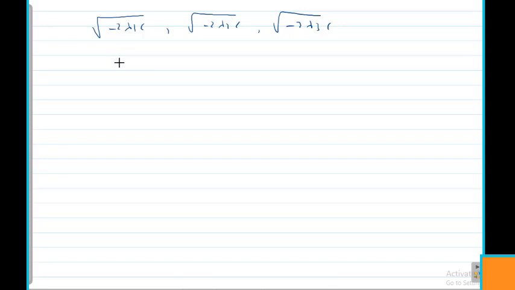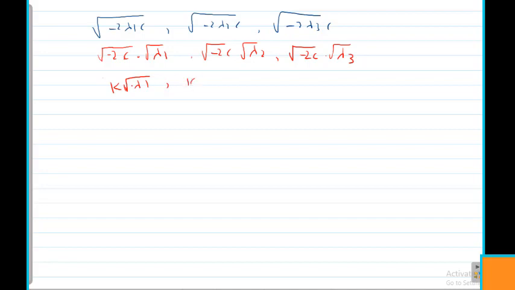The point is taken as (c, 0). These are root over minus 2c into root over lambda 1, root over minus 2c into root over lambda 2, root over minus 2c into root over lambda 3. Assume that this is just like k into root over lambda 1, k into root over lambda 2, k into root over lambda 3. These are the lengths of the tangent segments.